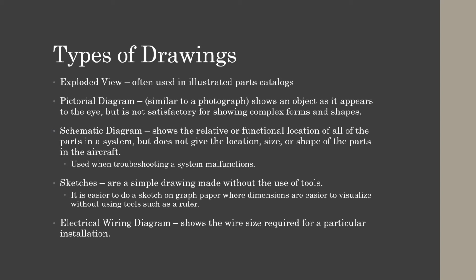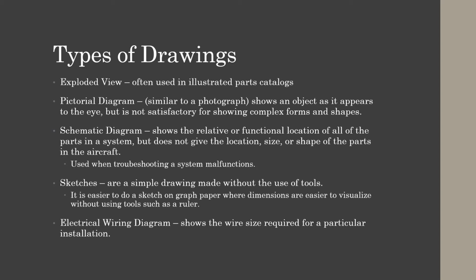So it's not going to give you a good size. It doesn't necessarily say where on the plane it is, but relative to other parts. It doesn't necessarily show the shape. So yes, we use these schematics for troubleshooting whenever a system malfunctions.